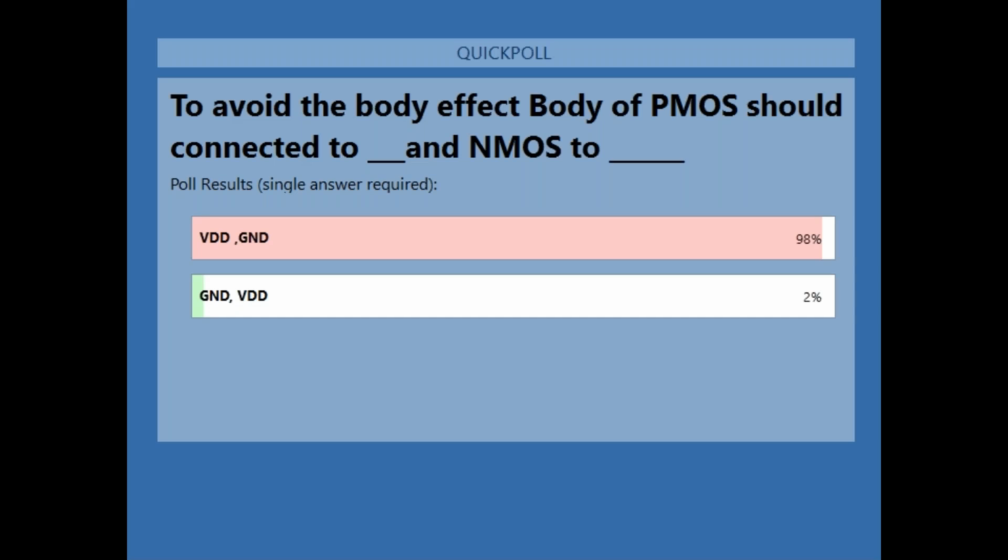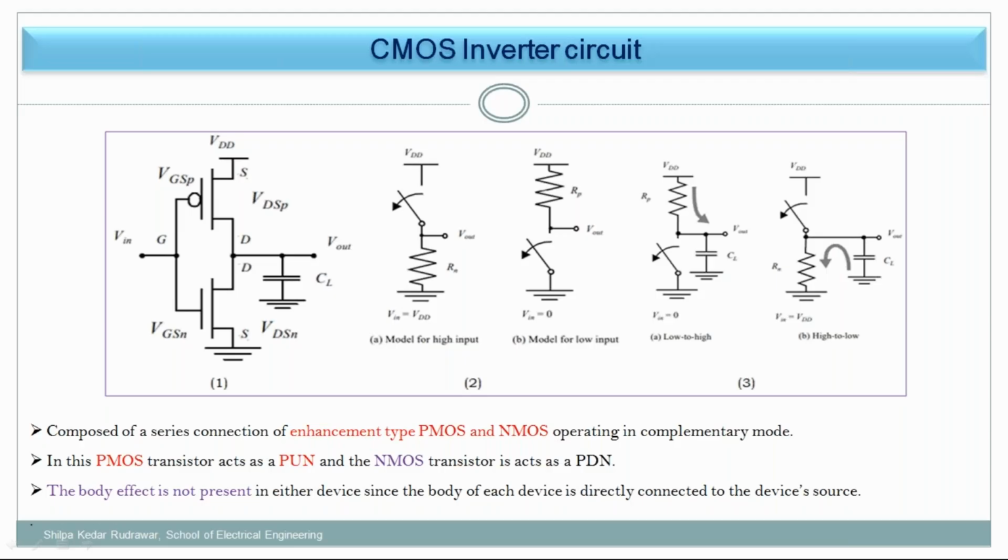So VDD and ground. Instead of ground, if you have written VSS, VSS is the ground only. As I told you, in this MOSFET VDD acts like the VCC you consider in a BJT transistor, and ground is VSS. Okay, so I am hiding this poll and moving towards repeating.